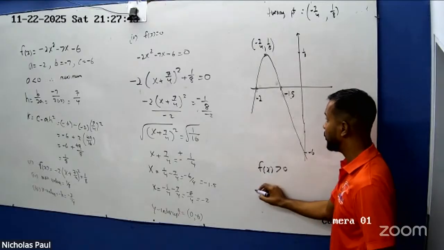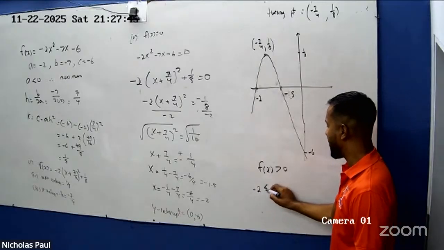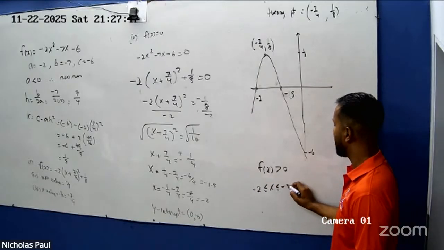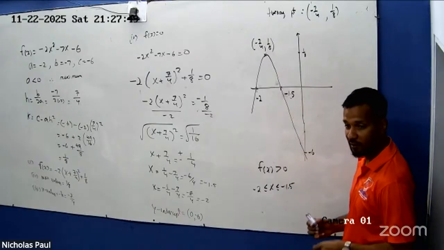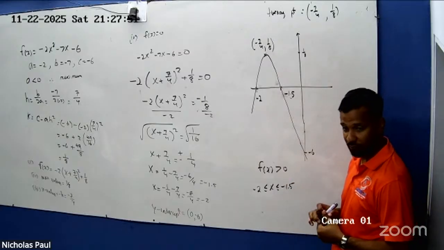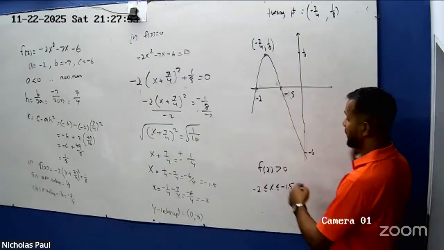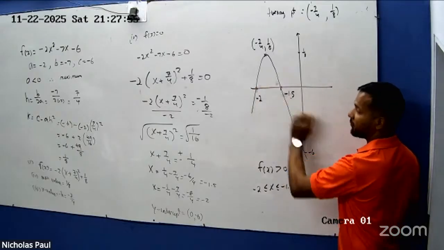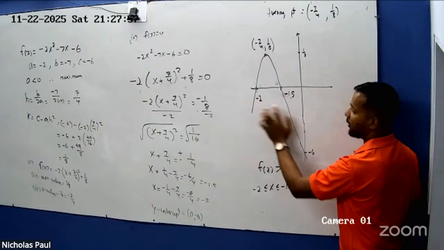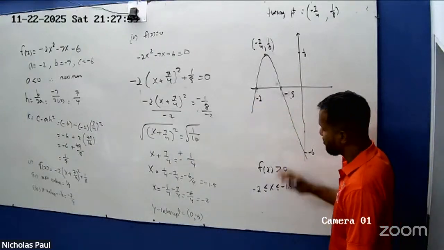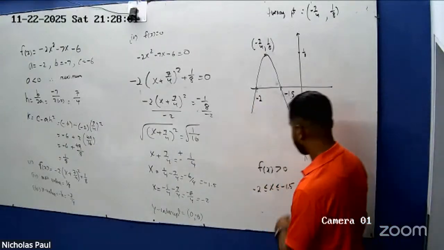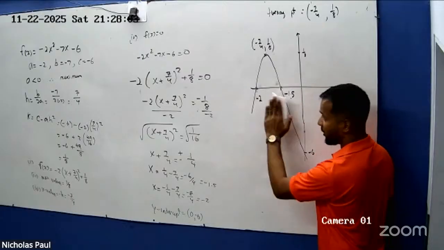So what you would write is between minus 2 and minus 1.5. That's it. That's all you need to learn. So if they say more than 0, they want here. If they say less than 0, outside. That's what we're looking at next week. I just want to finish up this part of it next week.